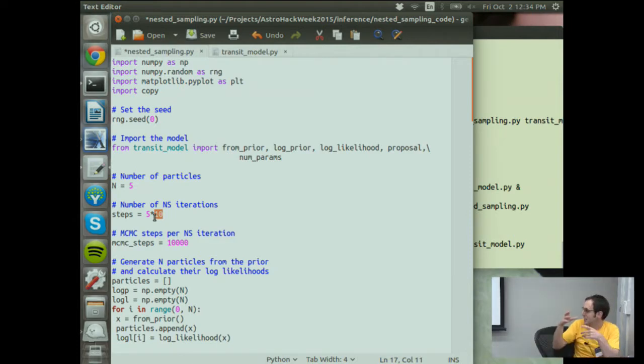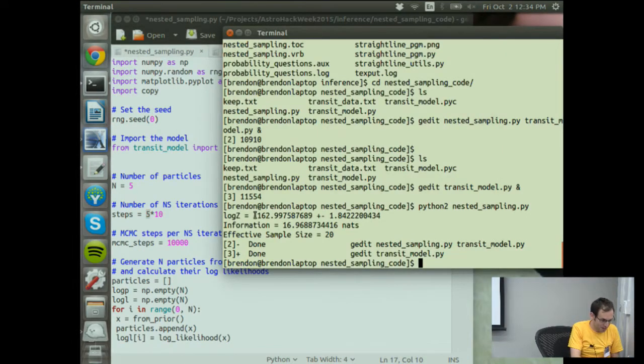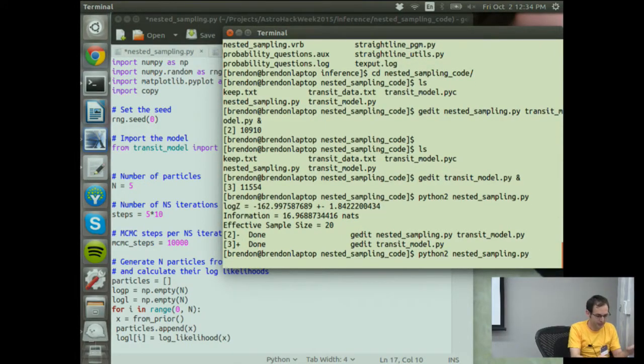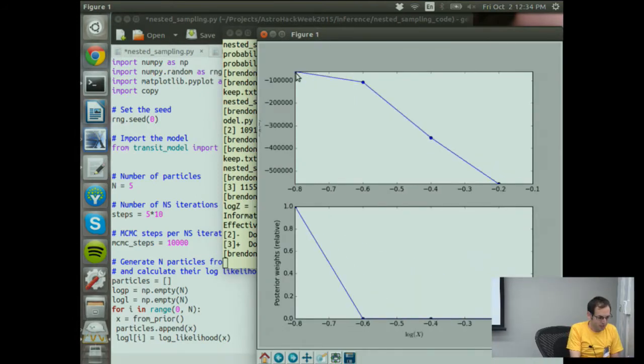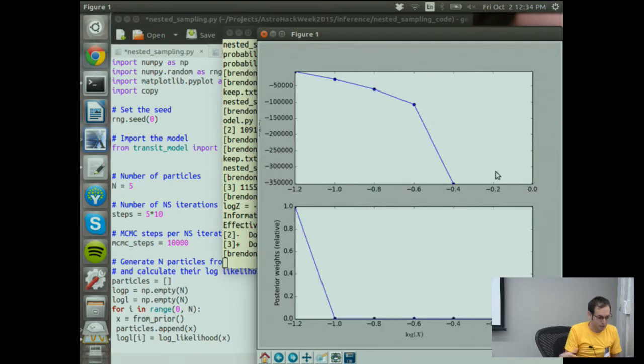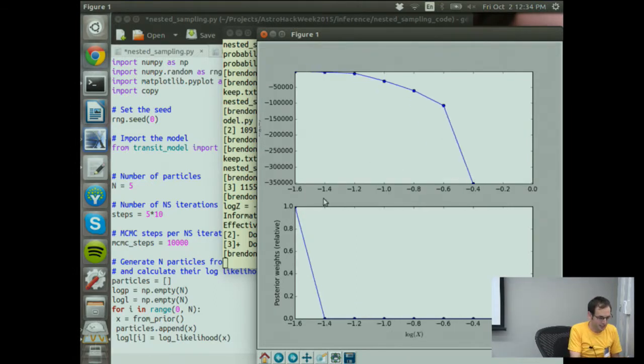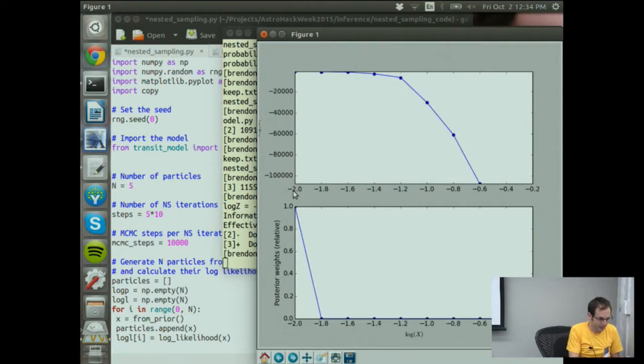I'll try and compress the prior volume by a factor of e to the power of 10, and the number of iterations you need to achieve that is proportional to the number of particles. We'll remember that the log marginal likelihood was minus 163 for the correct model. So our discarded points' likelihood is increasing, prior volume is decreasing, that's the x-axis, log prior volume.